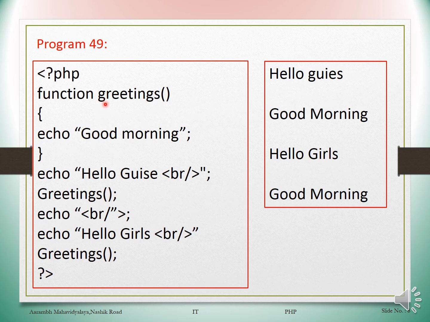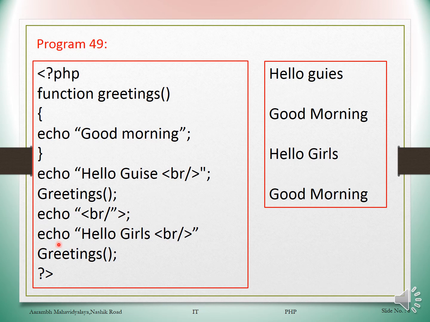Now see here, in this function we have used g as a small letter. Here we have used G as a capital letter, and we know that function names are not case sensitive, therefore we can do this. Then again we have provided the break, that is the blank line.